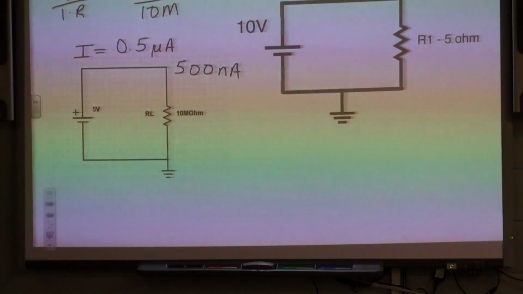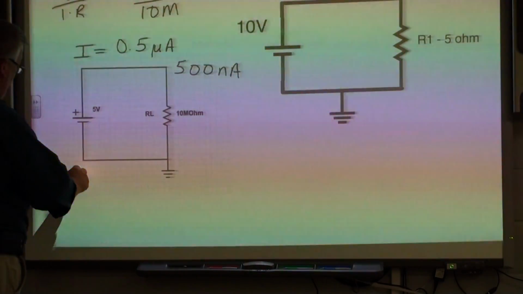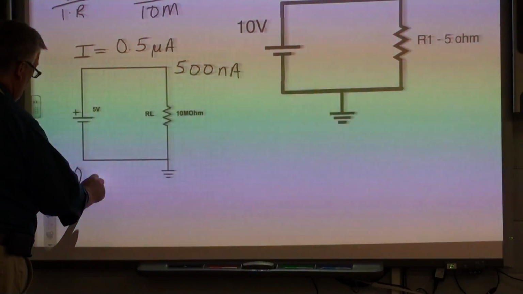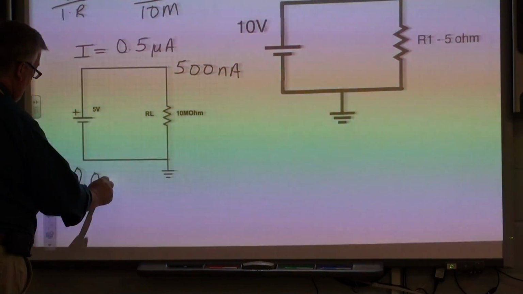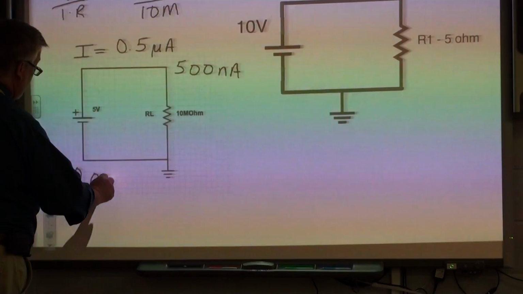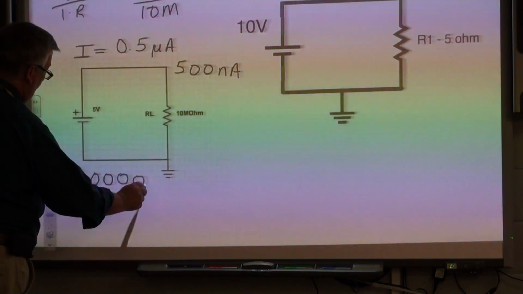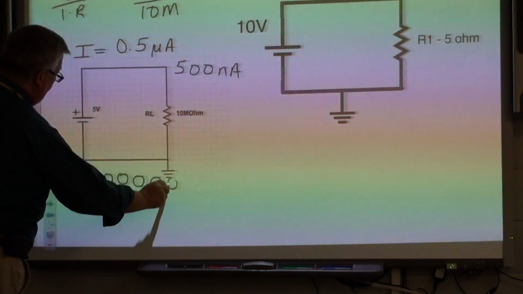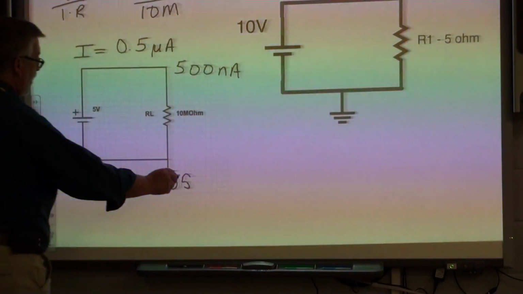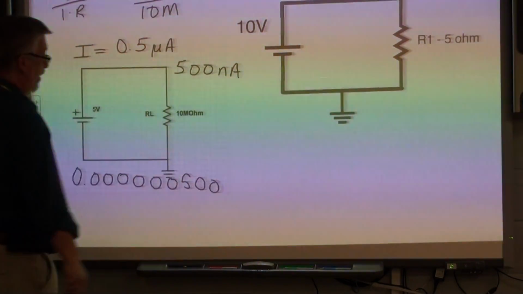But what would it be in decimal form? 3, 4, 5, 6, and then a 5. And I'm going to write a couple of trailing zeros here.